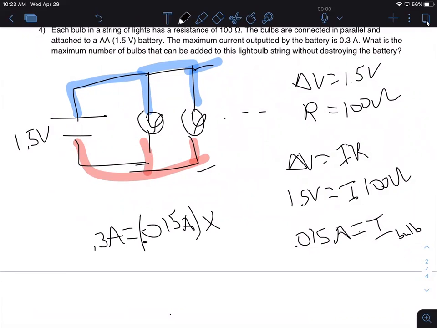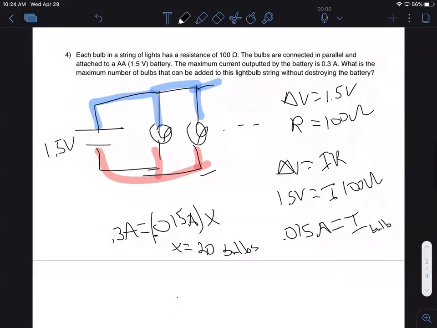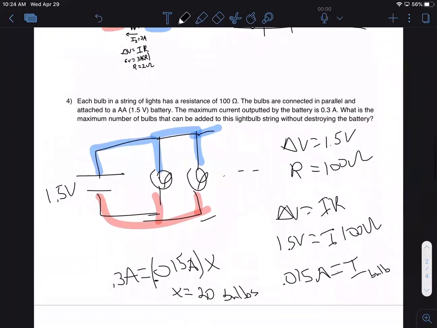So we'll just call it X. X equals 0.3 divided by 0.015. 20 bulbs. You can hook up 20 bulbs before it's too much current for this battery to handle. All right, cool.